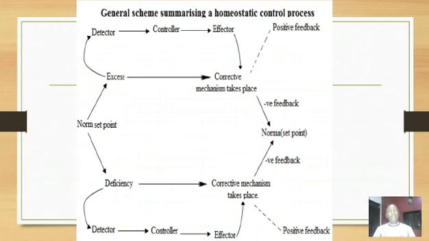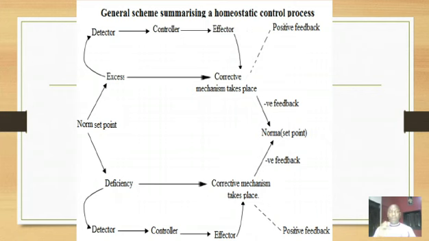Any factor that is to be kept constant within the body, within the internal environment, has a set point, a reference point, which we are referring to as the norm, the normal. Take an example, a factor like glucose. Glucose levels must be kept constant at about 80 milligrams per 100 cc of blood.